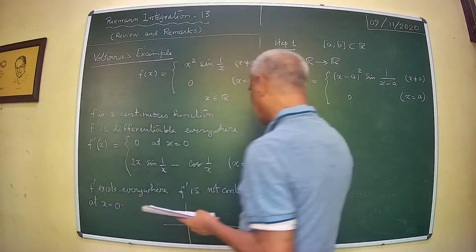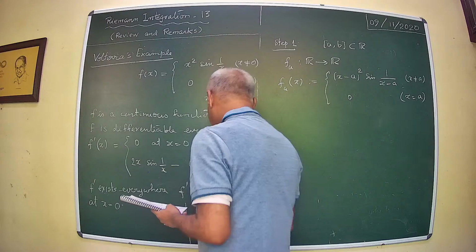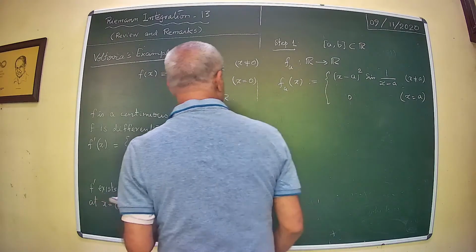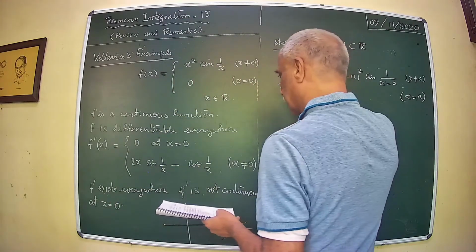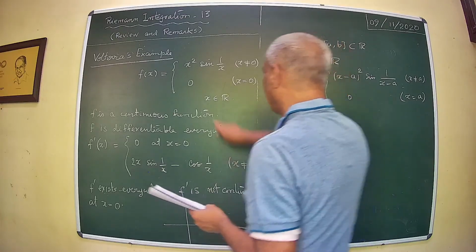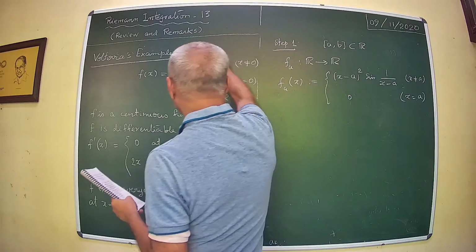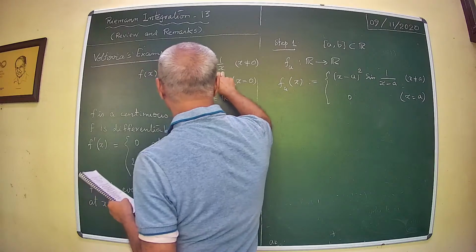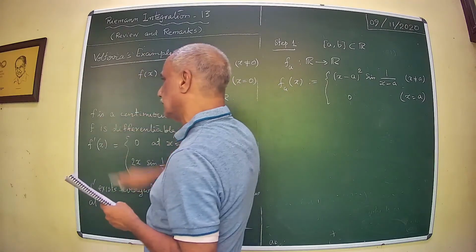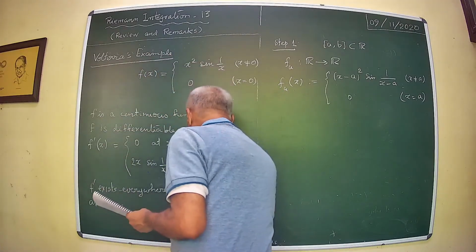If you look at the graph of this function, again you see that the function oscillates between x square and minus x square because of this factor. The oscillation comes from this factor, and as x goes to 0, it rapidly oscillates.